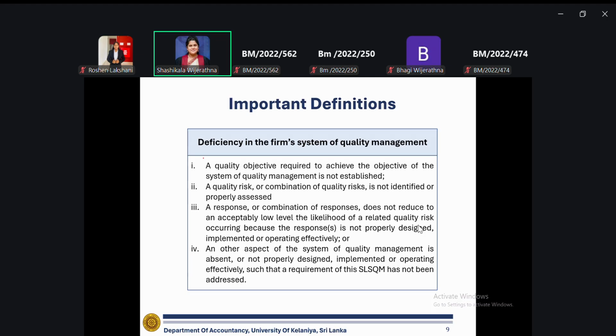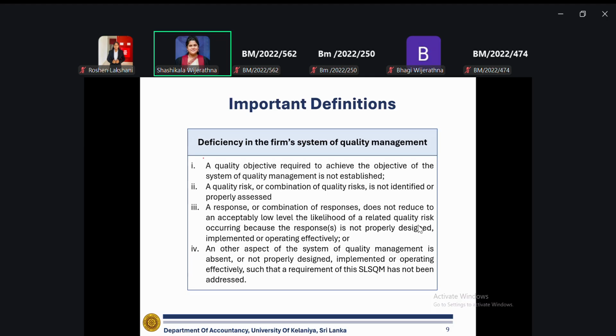What do you mean by a quality objective? It is actually an outcome in relation to the components of the system of quality management to be achieved by the firm. There are 8 components of this quality management framework.